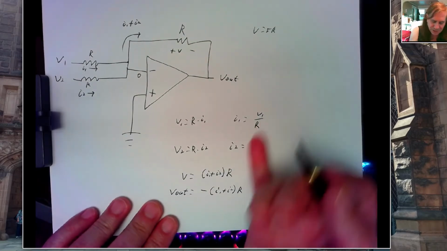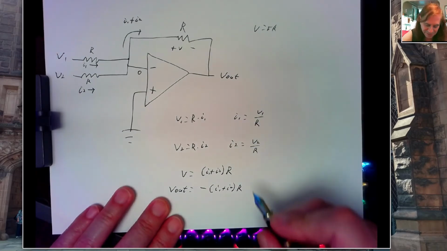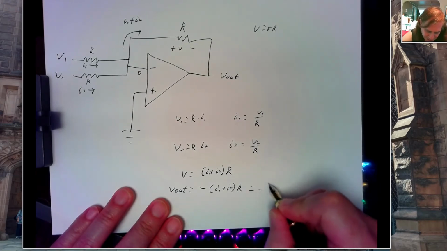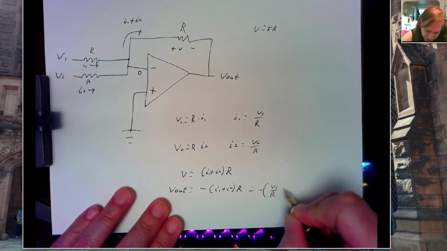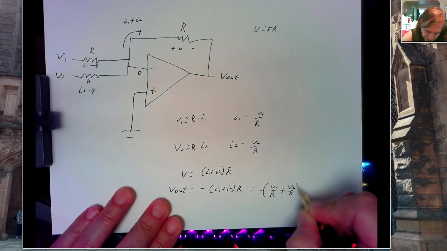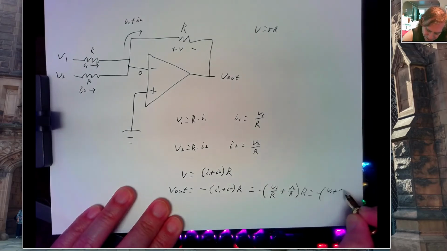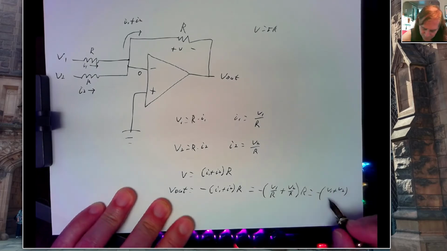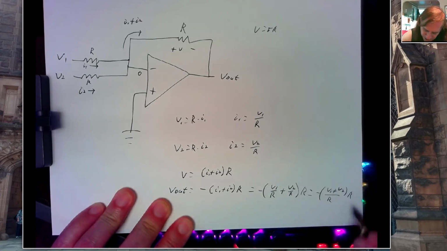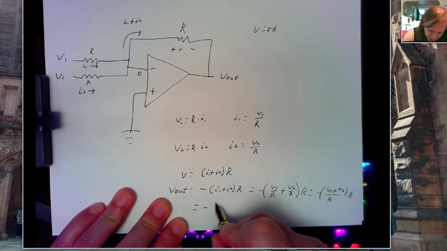Well, I1 and I2, we can write those in terms of V1, V2, and R. So this is minus V1 over R plus V2 over R times R, which is minus V1 plus V2 over R times R, which is just minus V1 plus V2.